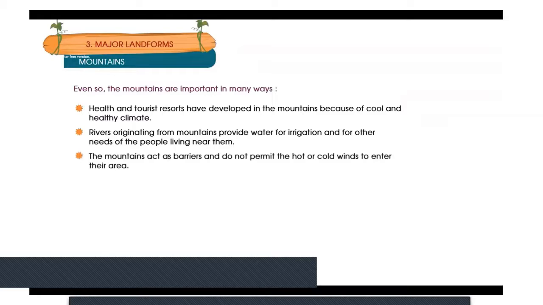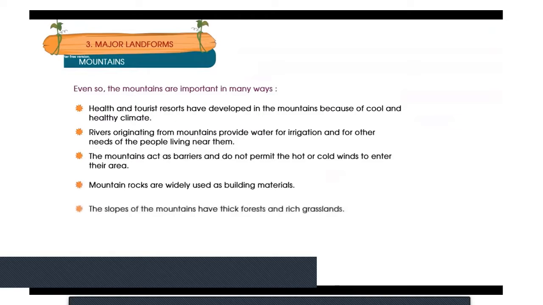The mountains act as barriers and do not permit the hot or cold winds to enter their area. Mountain rocks are widely used as building materials. The slopes of the mountains have thick forests and rich grasslands. Some mountains have rich deposits of minerals.